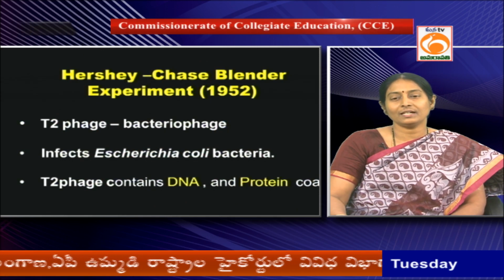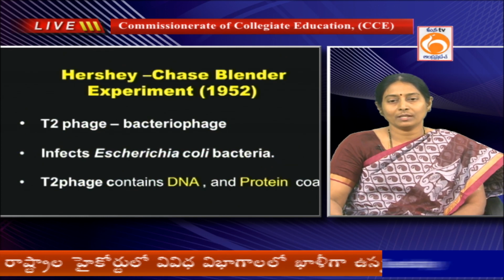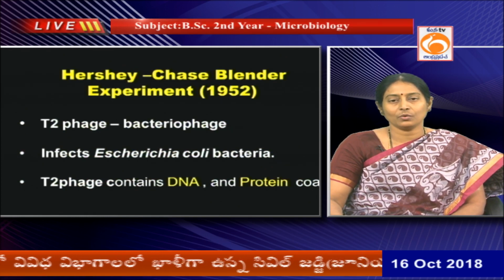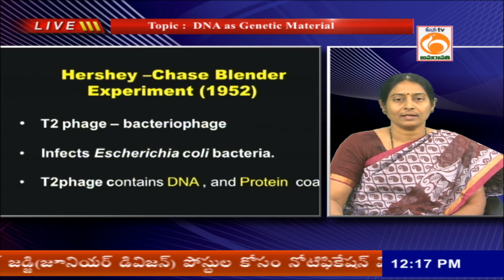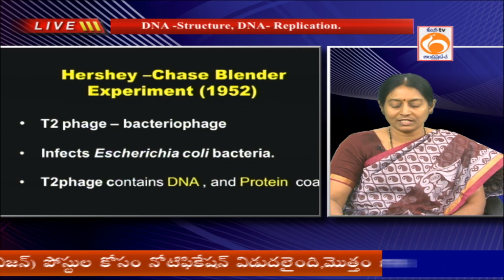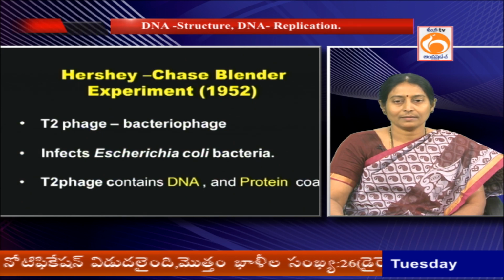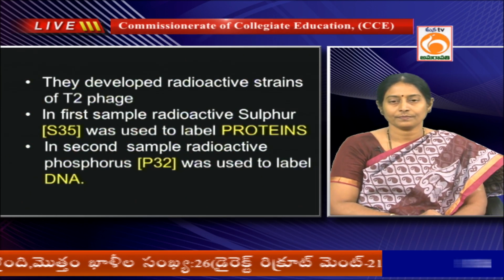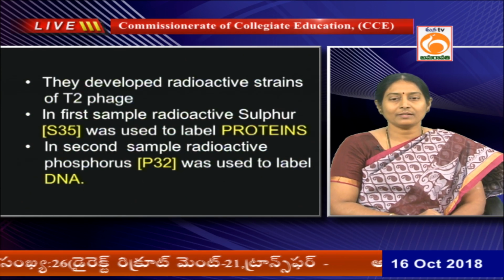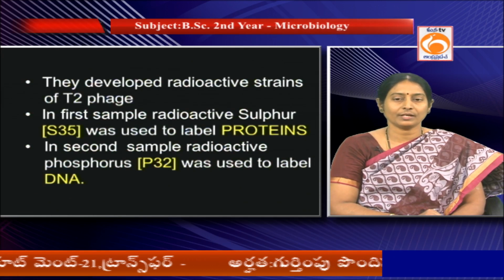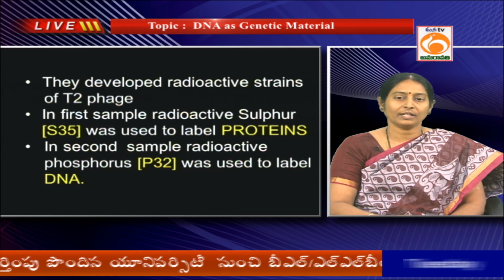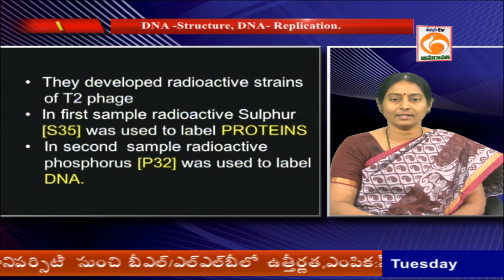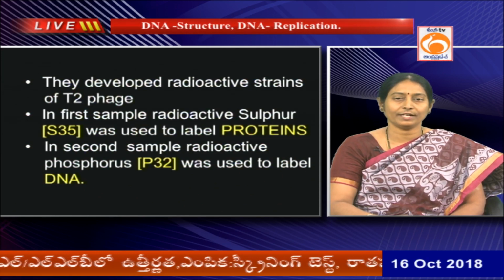And inside the bacterial cell, the DNA molecule undergoes replication and forms new viruses. This is the life cycle of T2 phage. So, remember this. In their experiments, Hershey and Chase had grown T2 phages in two different mediums containing two different types of radioisotopes.